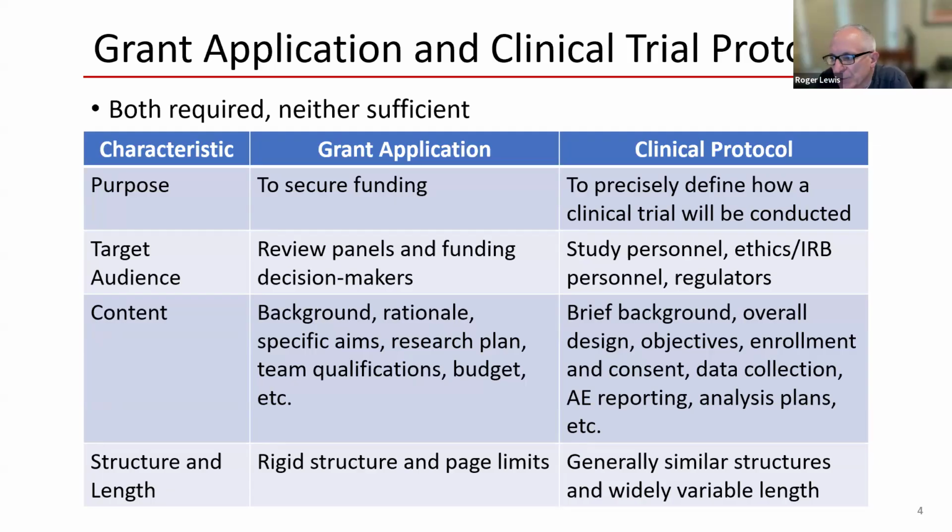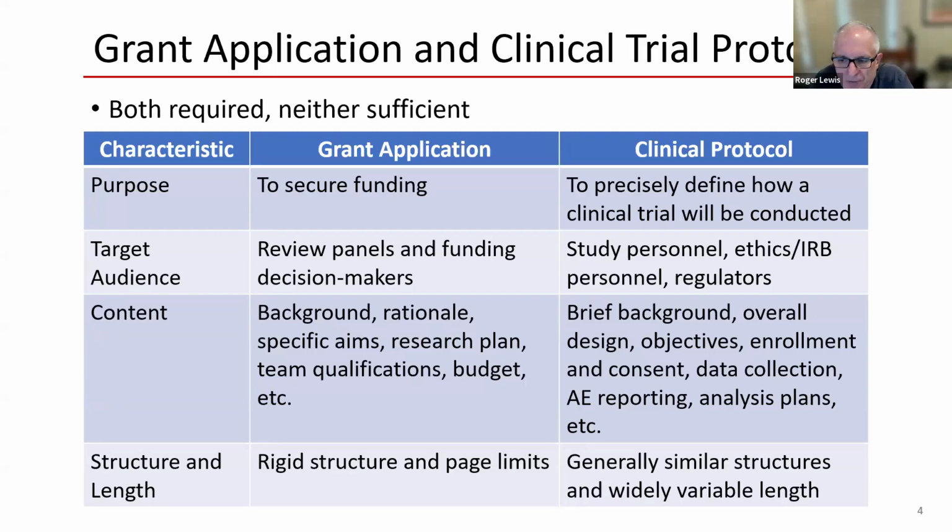The protocol will give a brief background, but then talk about the overall design of the trial itself, the objectives, how you're going to enroll patients, consent them, collect data, monitor adverse events, and analyze the data, etc. And obviously, these lists are not meant to be exhaustive. But the details of how you're going to do it are going to be in the clinical protocol to a large extent.